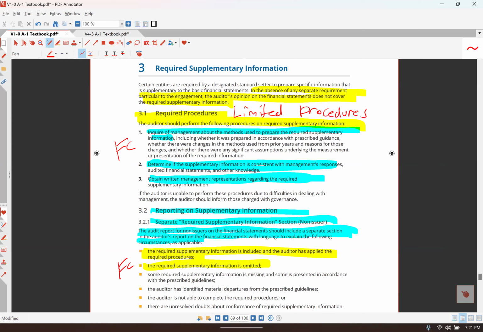You're not going to be doing test work. You're inquiring, determining if it's consistent with management's responses, and getting a written representation about it. Then you're going to look at it and see if it's there, and if it's there, say in your report, hey, it's there, I'm not giving you any sort of assurance on it. Or if they haven't provided it, you say so, but it's not affecting your opinion. It goes in a separate section with the heading, Required Supplemental Information.